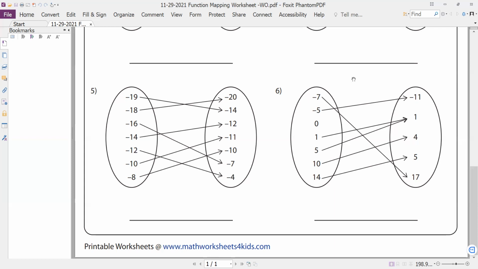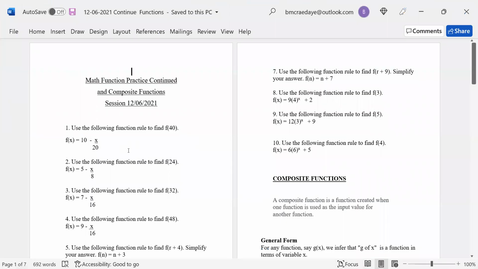Now, before we go, I don't think we'll go into composite because that's a bit involved. I want to look at some more functions. Okay, let me just go here, new share. Now, I want you to use this function rule to find the output.